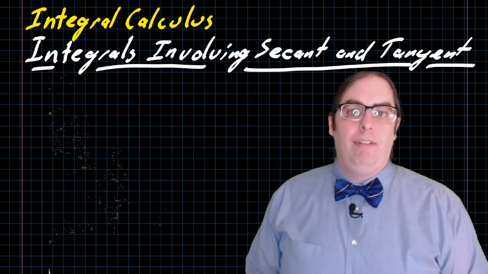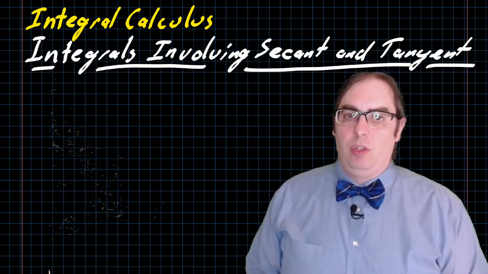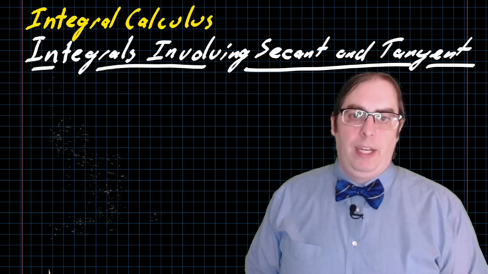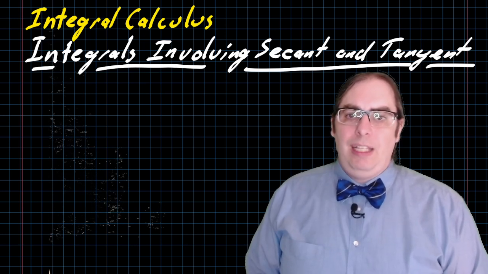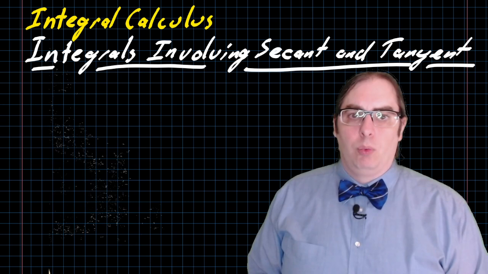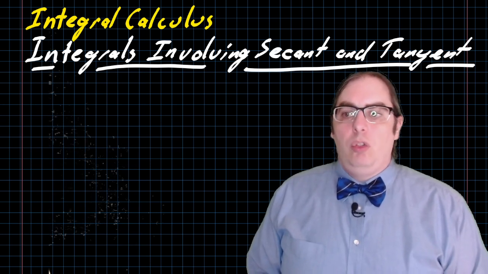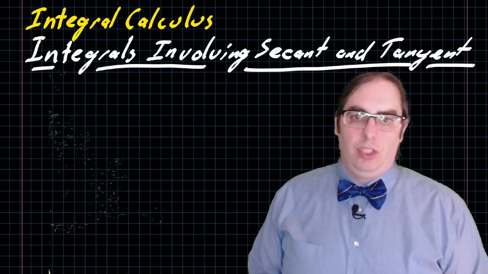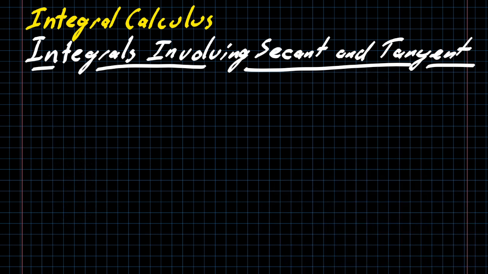Take whatever you have and rewrite it in terms of sine and cosine and hope that you can go from there. But it's worth knowing a couple of rules that you can use to sometimes use secant and tangent to your advantage. These rules are a little bit trickier than the sine and cosine rules because the derivatives of secant and tangent are a little bit trickier.